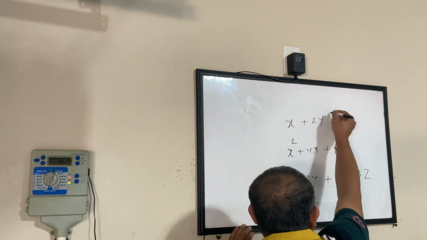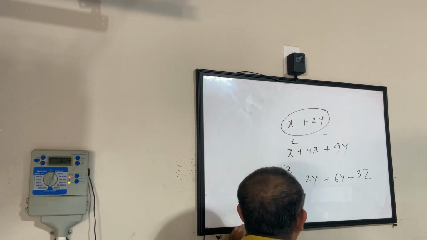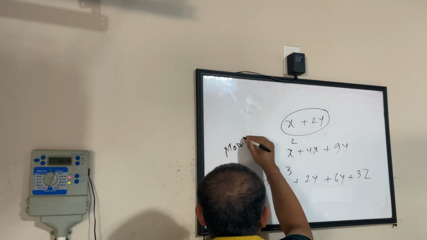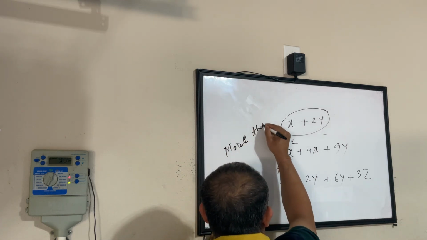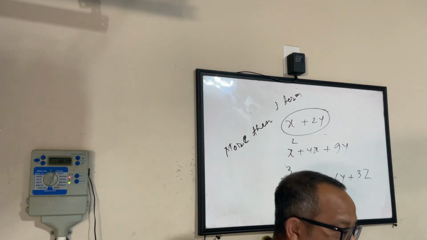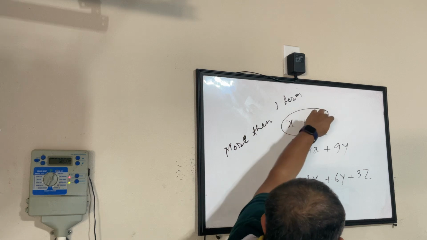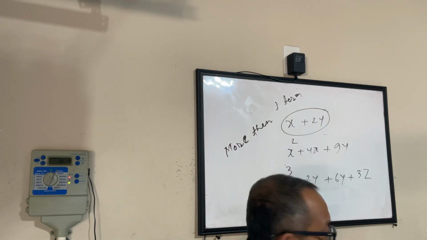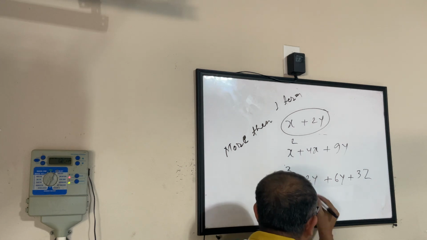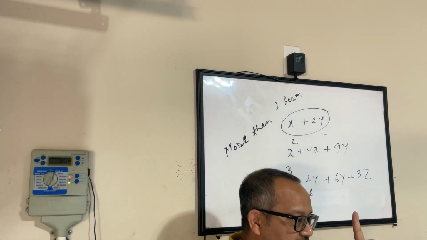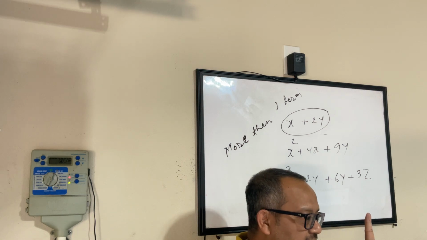If there is an expression with more than one term, that is called a polynomial. So this one has two terms, it's a polynomial. It has three terms, it's a polynomial. It has four terms, it is also a polynomial. If I say x to the power 6, this is not a polynomial, this has only one term. Does it make sense?